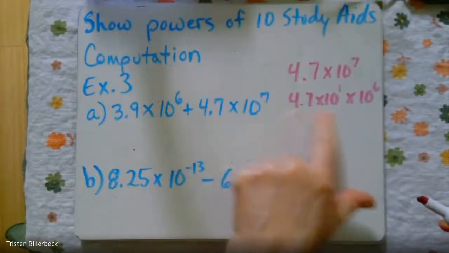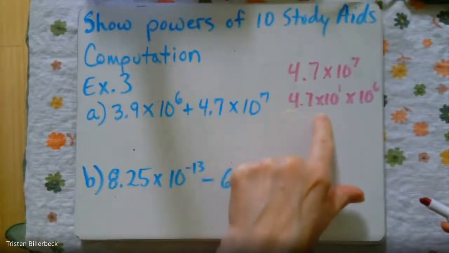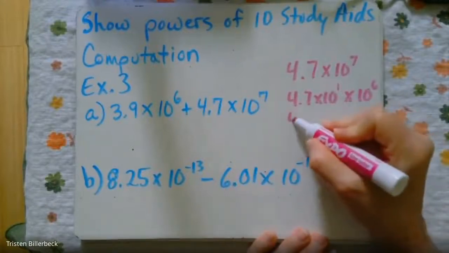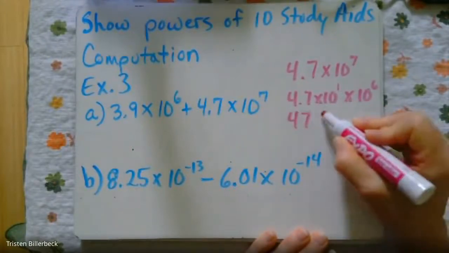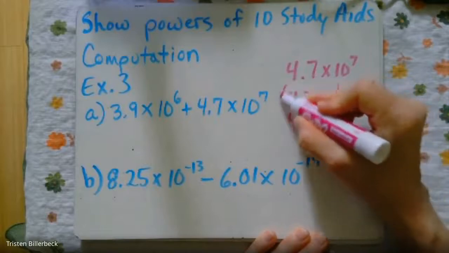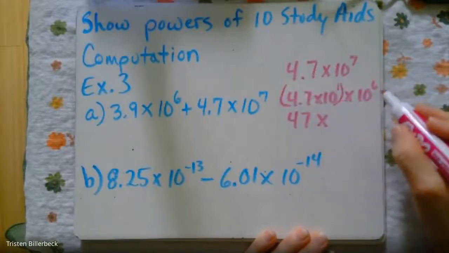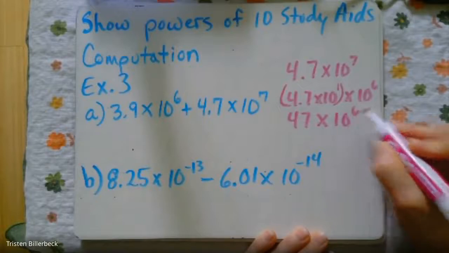But 10 times 4.7 is 47. So this part is 47, and then I have times 10 to the 6th.